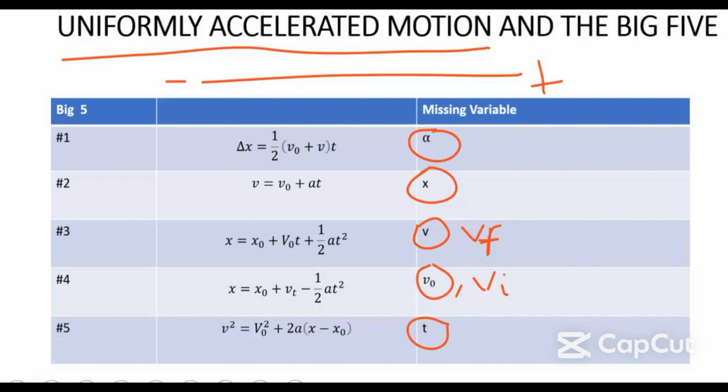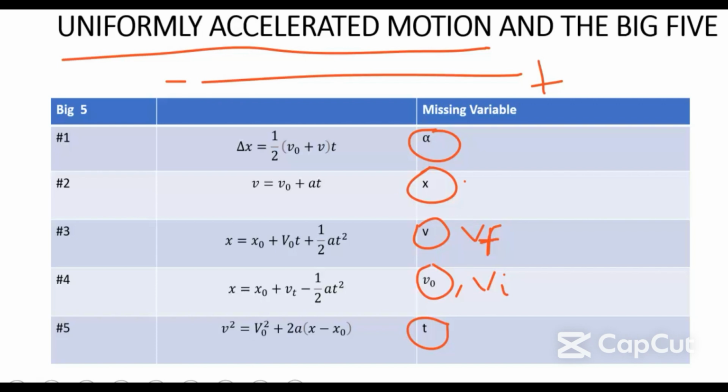So these are the variables we use in calculating accelerations, especially uniform acceleration. x is the position, the v's are the velocities, a is the acceleration, and t is the time. The main concern about this big five right now is to be able to calculate our accelerated motion easily.